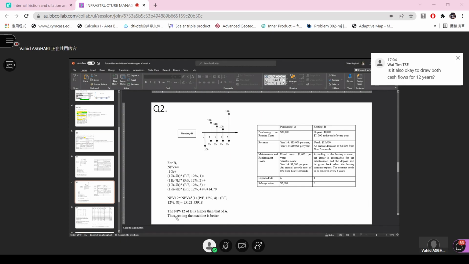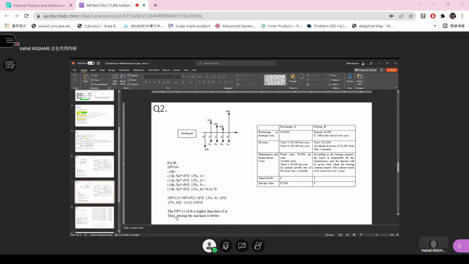Is it also okay to draw both cash flows for 12 years? Yes, it is. What do you mean by 12 years? If you draw them exactly identical to each other, yes, it is okay. But if, for example, in this question, you say 12, 11, 10, 9, 8, 7, 6, 5 for 12 years, no, that is not okay. That is a wrong methodology.